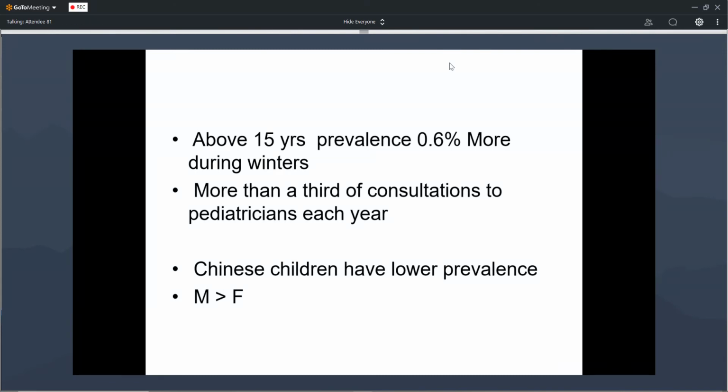Okay. Tubal occlusion. Next stage. Suppuration.